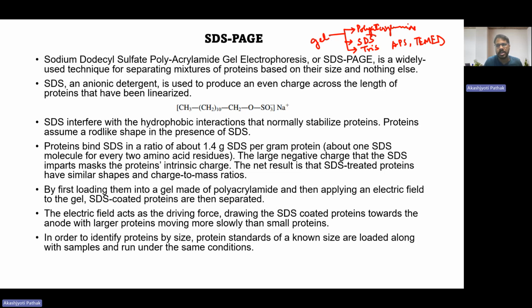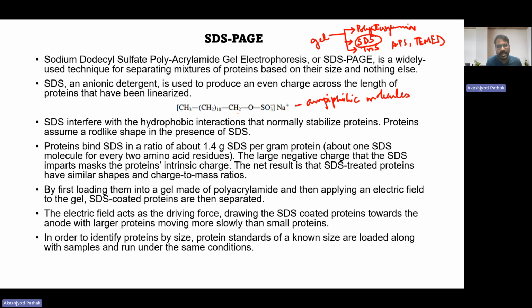So what is the purpose of adding SDS to your gel? If you see the structure of SDS, it is an amphiphilic molecule. What is an amphiphilic molecule? Amphiphilic molecules are those which have both a hydrophobic and a hydrophilic region. SDS is sodium dodecyl sulfate. It has a hydrocarbon chain made up of 12 carbon units.